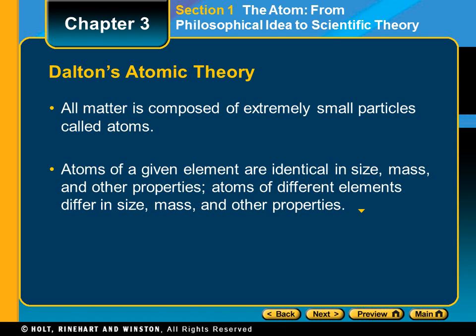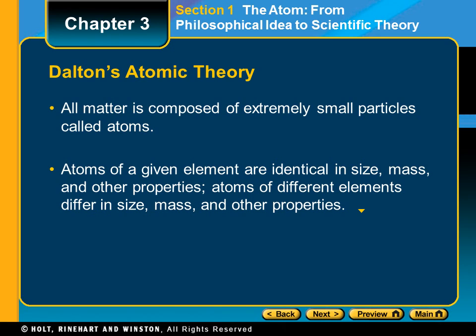So at the time of trying to understand how matter is formed or put together, it seemed like theoretically if we could break matter down to the smallest, tiniest indivisible particle, then that's where we would start. And so the name given to that particle, meaning smallest or indivisible, was atom.